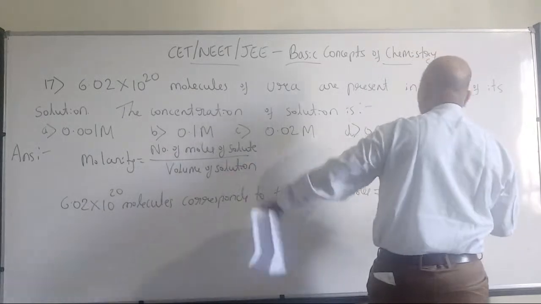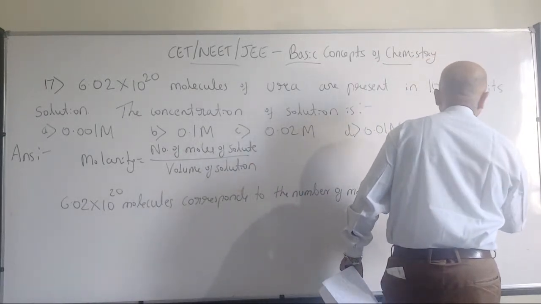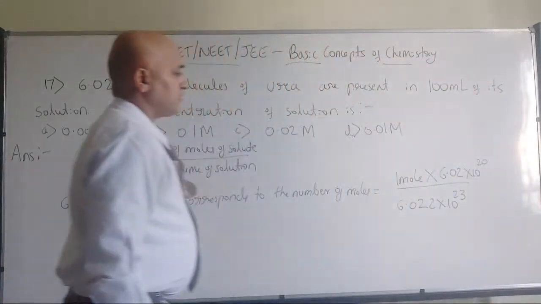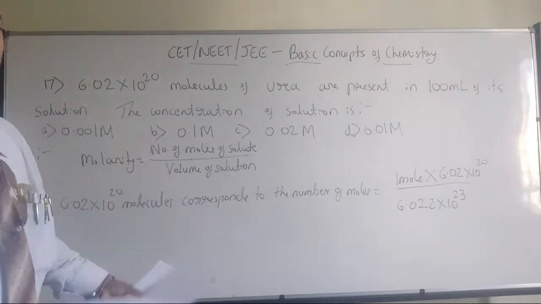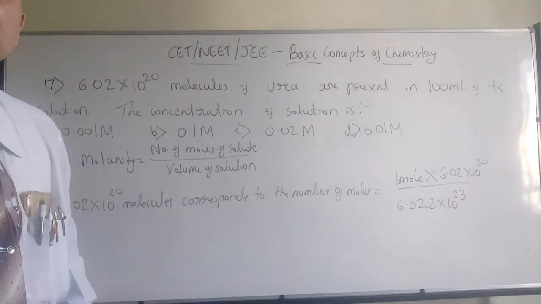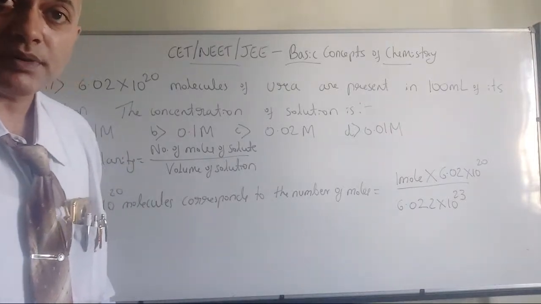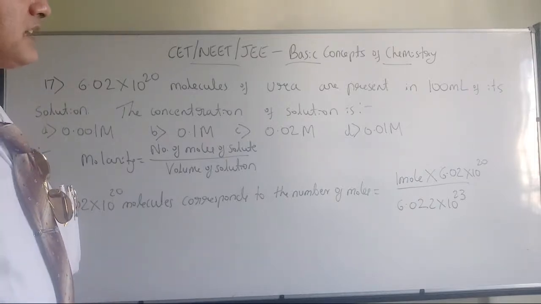So in that case, how much for 6.02 into 10 to the power of 20? So what is 6.022 into 10 to the power of 23? That is Avogadro's number. So always we know Avogadro's number corresponds to 1 mole of that particular substance.